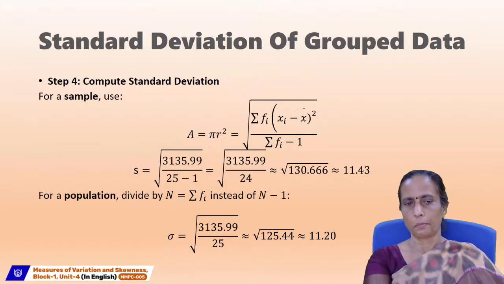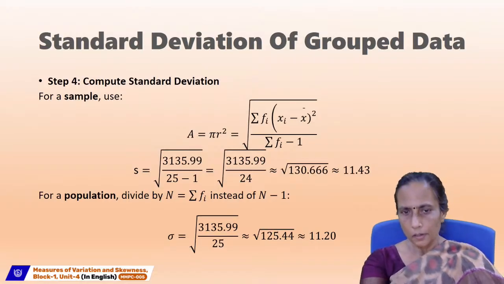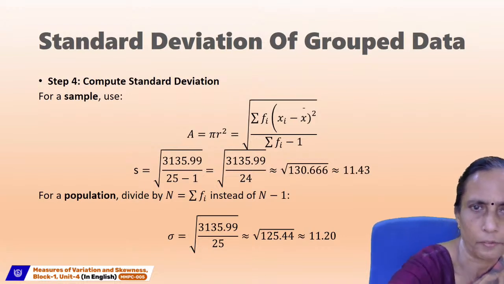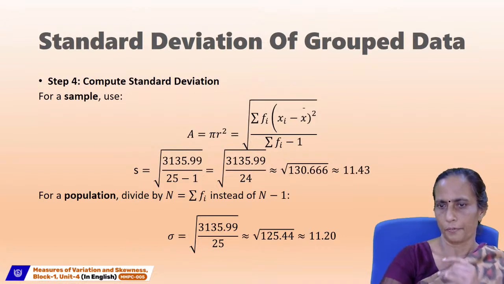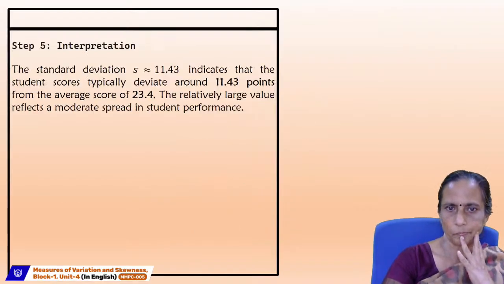And if you divide by the total population instead of n minus 1, then it will be 25 and it is 11.20. So the difference is very little, the error is small.